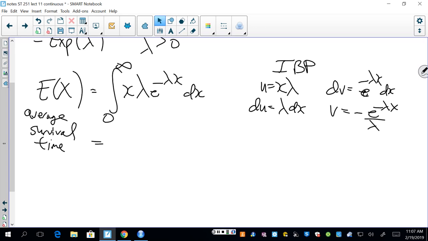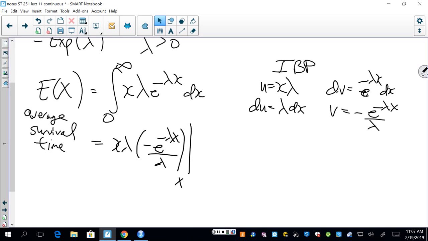And so we replace this integral of u dv by uv minus the integral of v du. So there's an x times the negative e to negative lambda x, evaluated at x going from 0 to infinity, minus the integral.